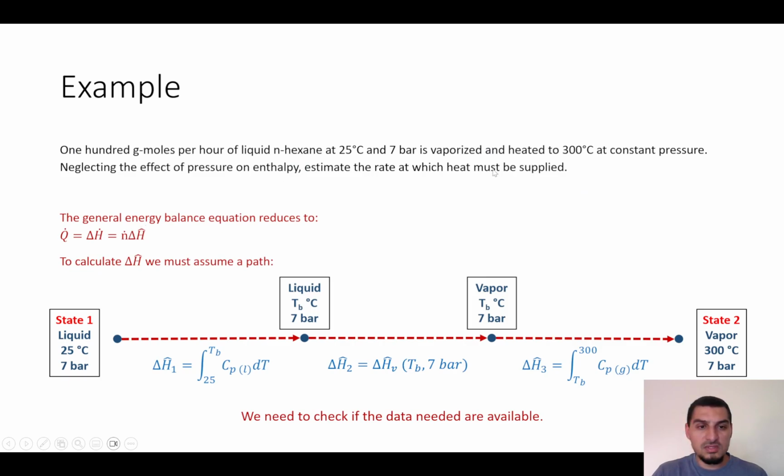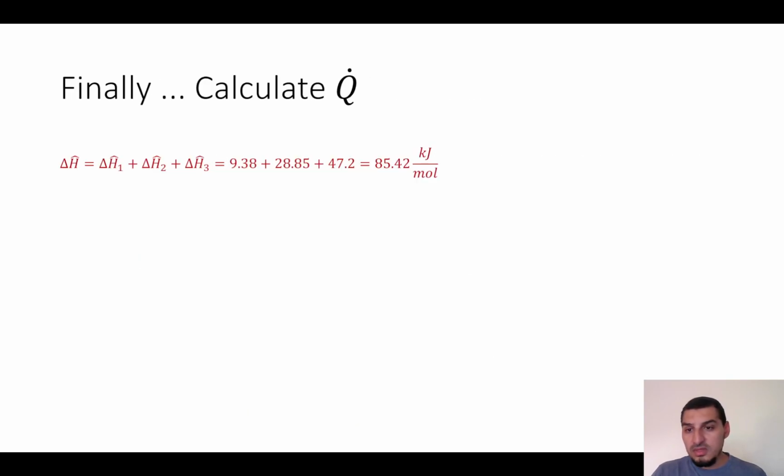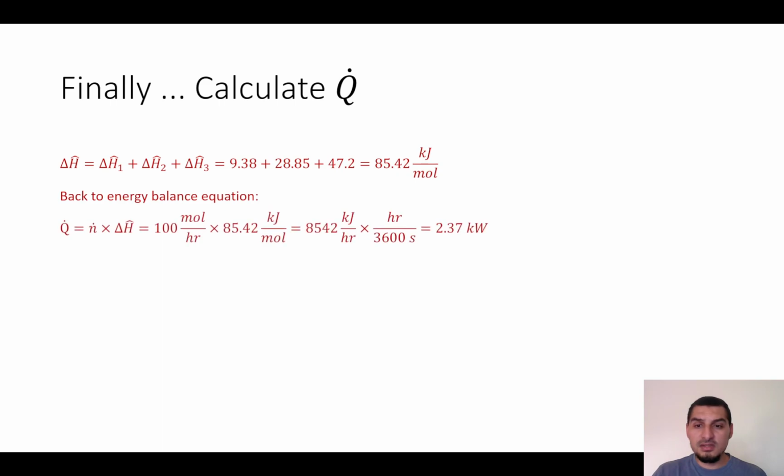We know n dot, of course, it's already given, which is 100 gram moles per hour, so we need to substitute with the value of delta H. After we are done with the value of delta H, we can substitute in the energy balance equation. We know this is 100 moles per hour. Then you calculate it in kilojoules per hour, which will be equal to 2.37 kilowatts. So this is all we need to do.